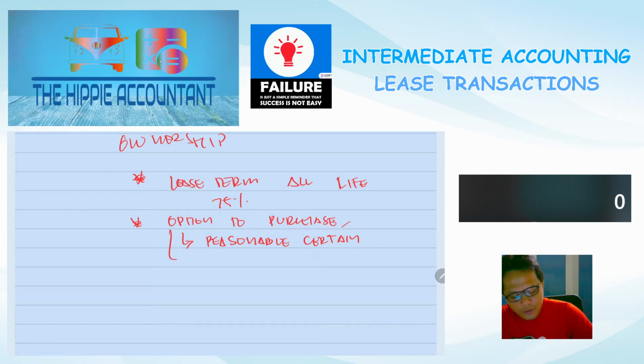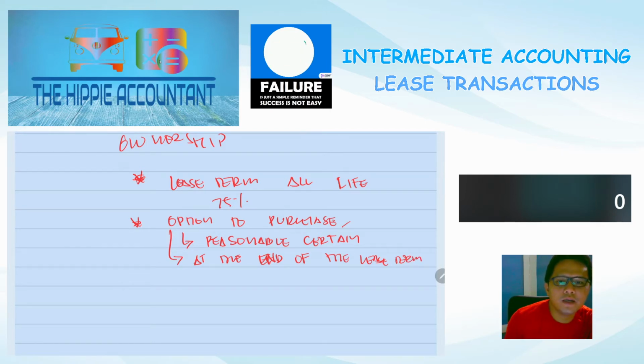Okay? Option to purchase at the end of the lease term. Okay? At the end of the lease term. Finance lease na yan siya. There is a substantial transfer of ownership. Remember, no? Reasonable certainty. Okay? Reasonable certainty.